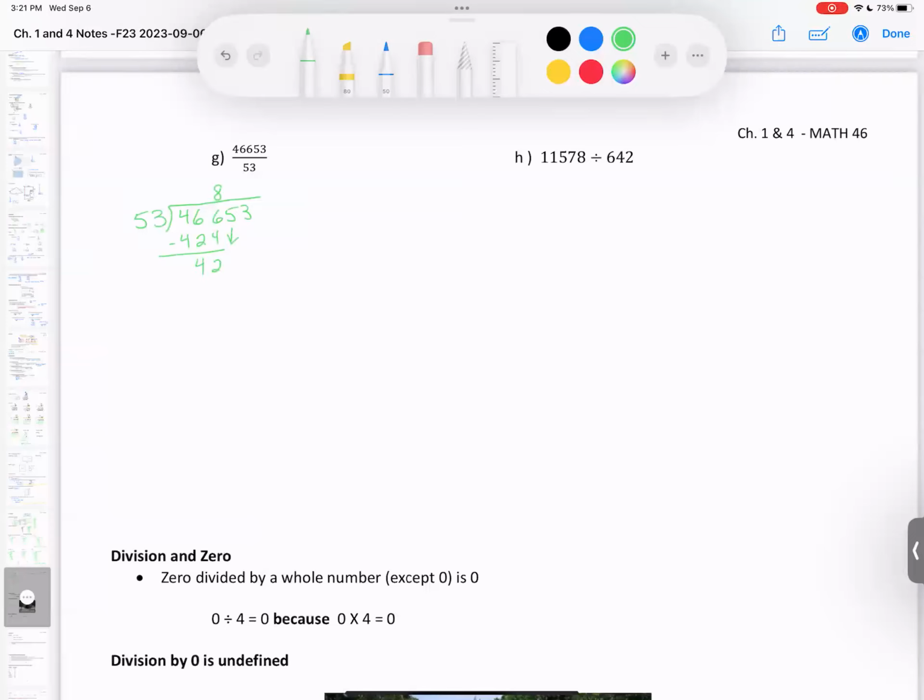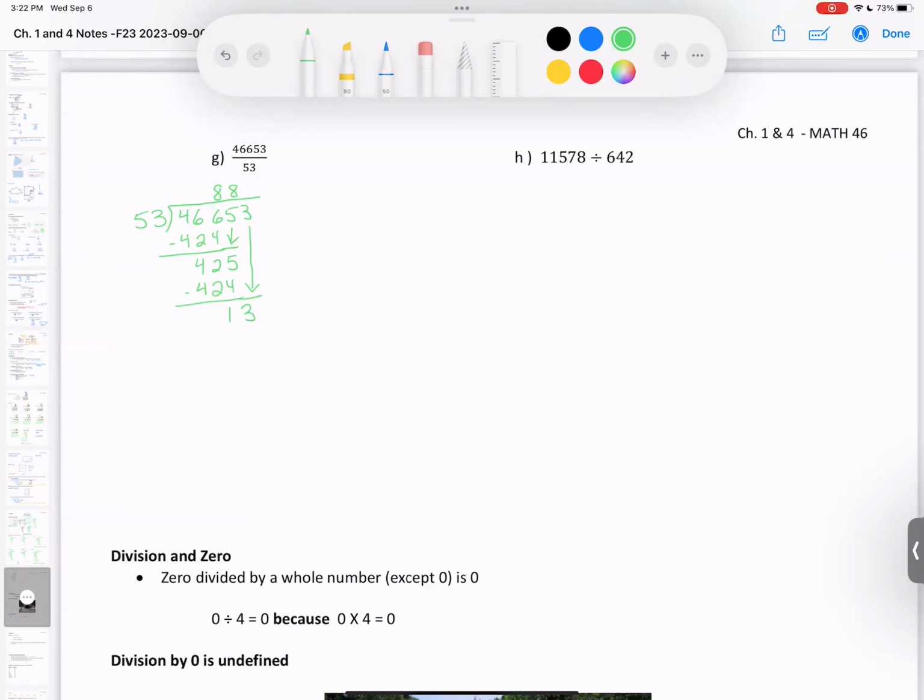As soon as I subtract, I'm allowed to drop that next number and do it all over again. So how many times does 53 go into 425? Well, it would also go 8 times then, because 8 times 53 is 424. So that leaves me with 1 left over, and I can drop down the 3.